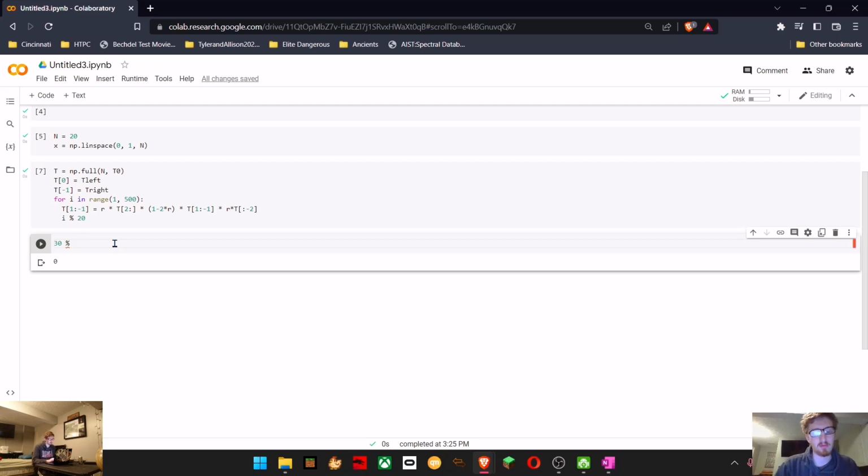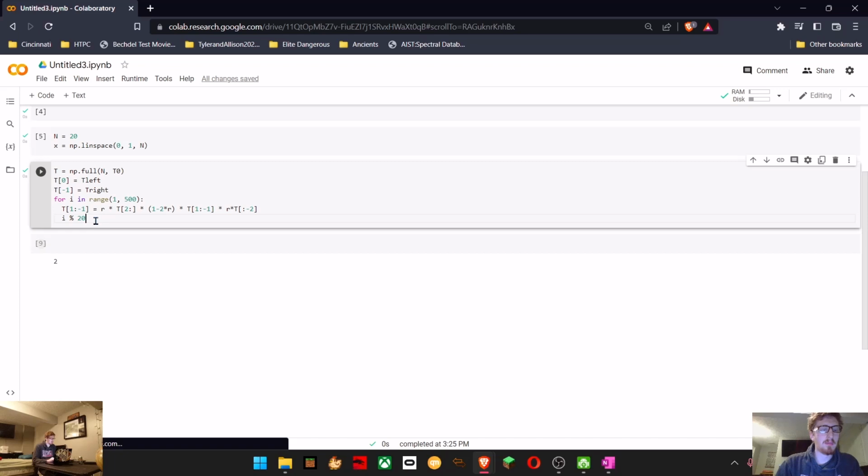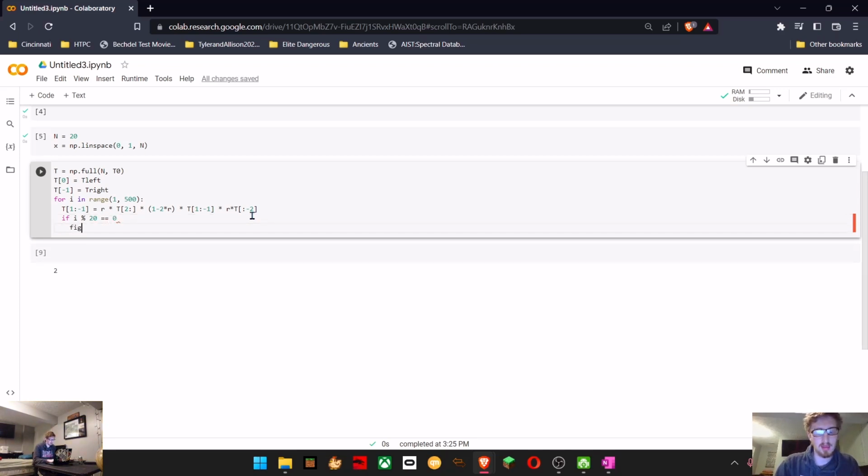So 30 modulo 4 should give a remainder of 2. And in that case, we want the result of our modulo for our I index with our number of increments that we're concerned about to be equal to 0. And when that is, we're going to make a scatter plot.